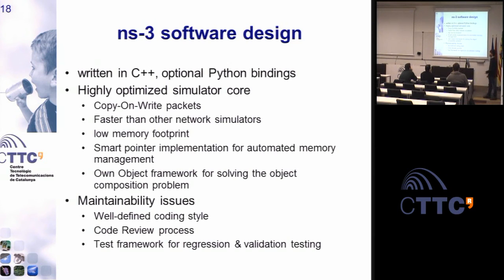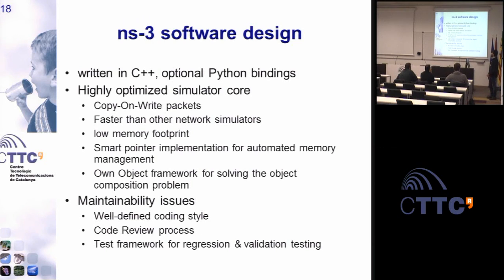And then it has other features commonly found in lots of open source projects. You find that smart pointers are used, even though they are not natively provided by C++, so ns-3 does the same. And ns-3 also uses its own object framework on top of C++, which is itself object-oriented.